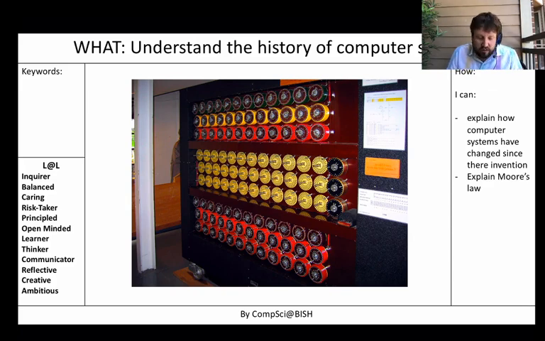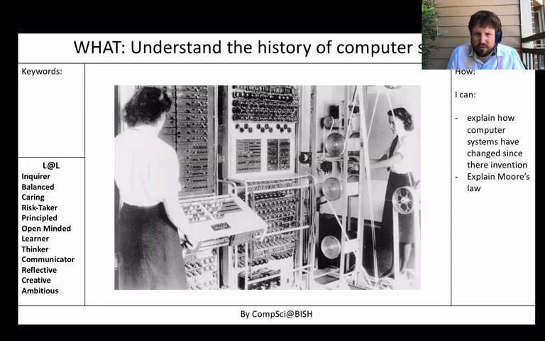Later on, not developed by Turing, but Turing was involved in the work, in 1943 British scientists created this. This is called Colossus, and lots of people would argue that this is the first computer. It was developed in 1943.